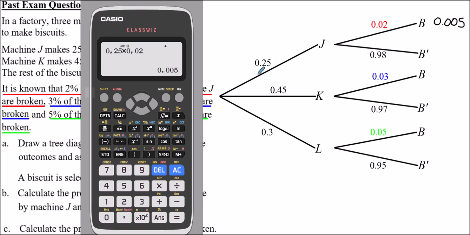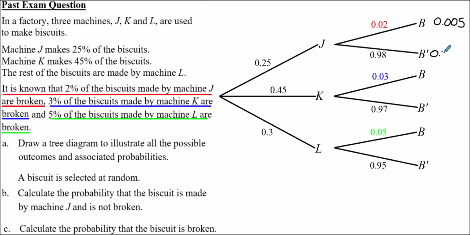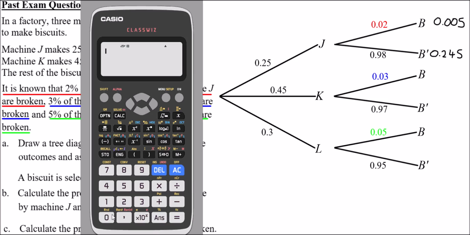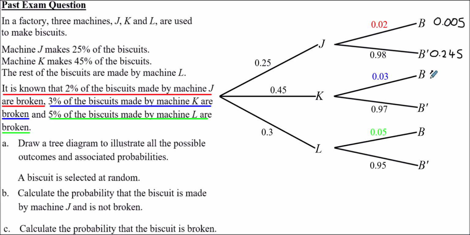So the next one we're going to do 0.25 multiplied by 0.98. Here we get 0.245. Next, 0.45 multiplied by 0.03. We get 0.0135 for that one.